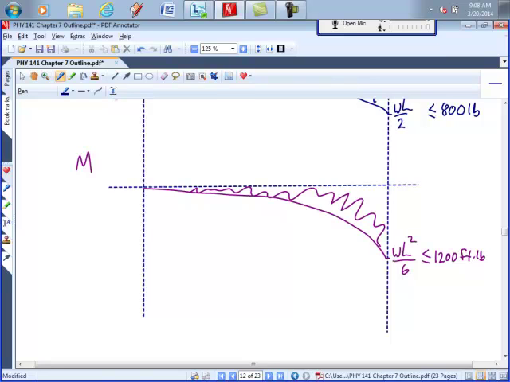All right. How are we going to figure out what our maximum loading is? Right, so if we solve both of these for W when L is 18 feet, we have to choose the smaller of the two.